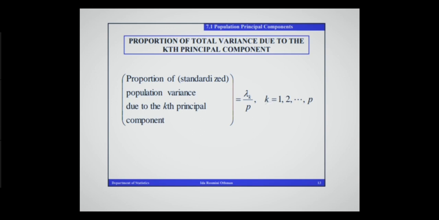Let's say we want to find the first principal component, what is the proportion of the total variance for the first principal component? It will be lambda 1 divided by the summation of lambda, or equal to p also can. Okay, same thing. When you total up all the lambda, you will actually get p. Okay, it is also the same as the total of the variance actually.